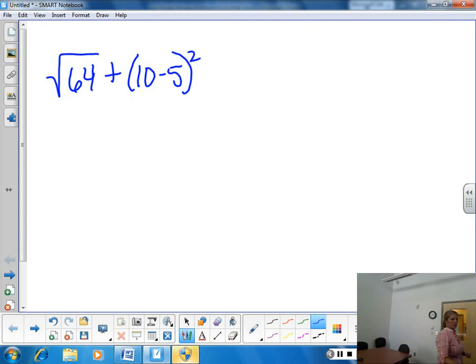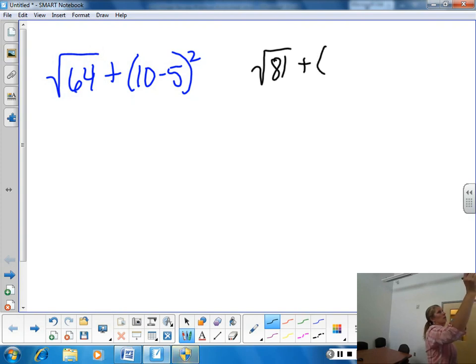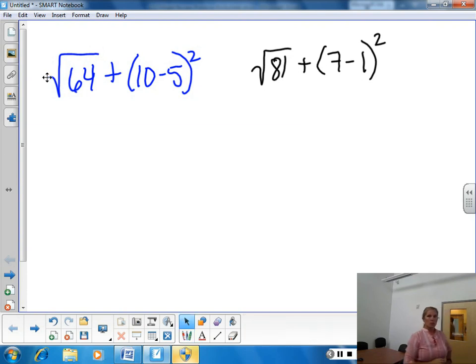So, changing it up, I'm going to do the square root of 81 plus 7 minus 1 squared. Okay, the square root of 81, remember all that is asking you the question, what number times itself equals the radicand?